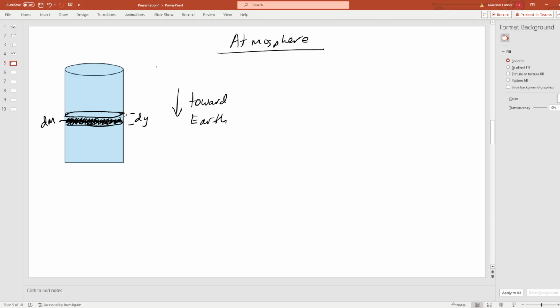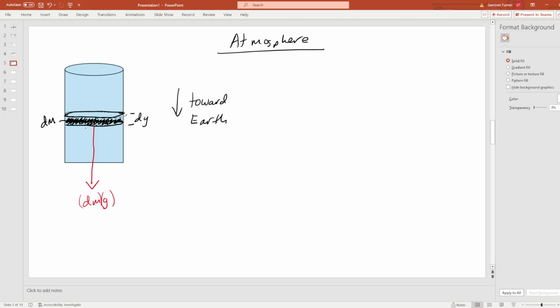And so if I think about it, there are three main forces being exerted on this piece of gas. The first is our weight, so I have my differential amount of mass times g. I also have, now, here's the key point: the pressure at the bottom is higher than the pressure at the top.